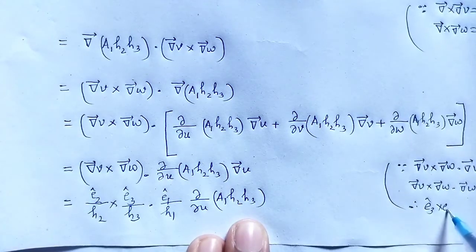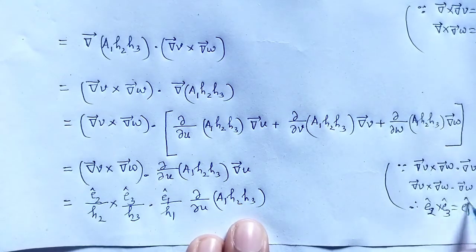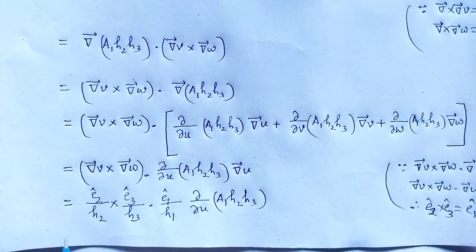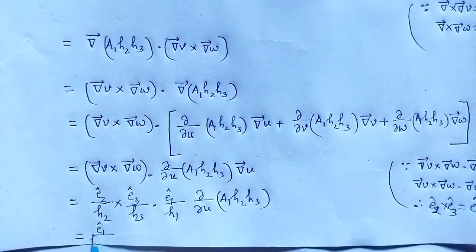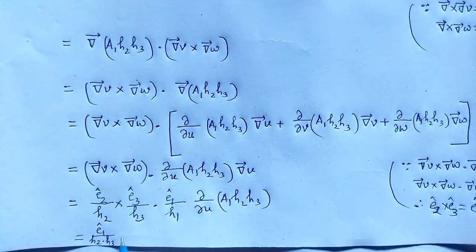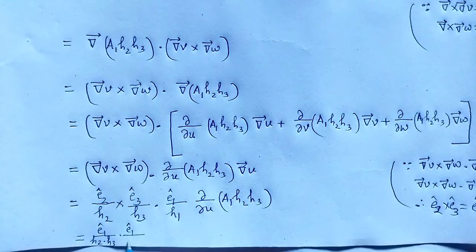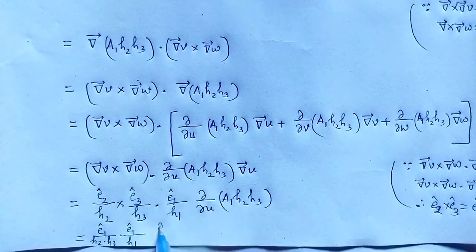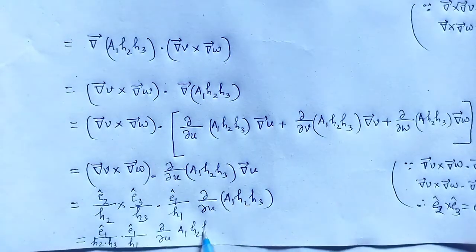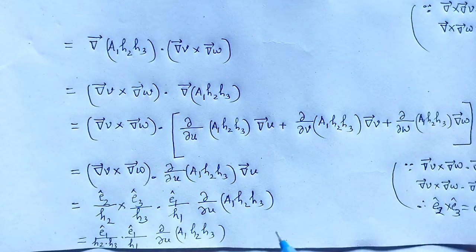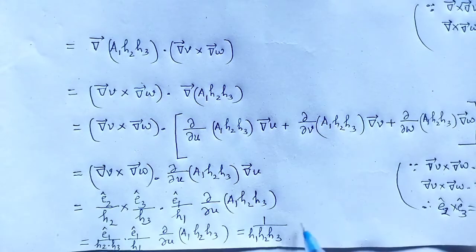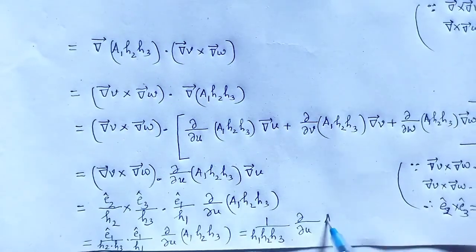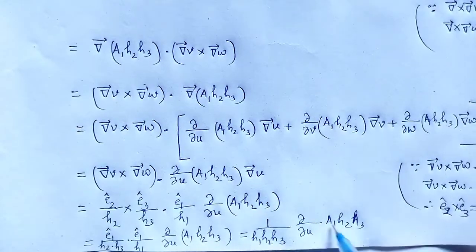So that changes to E1 cap divided by S2 S3 into E1 cap divided by H1 del by del U of A1 S2 S3, which is equal to E1 dot E1, that is 1, by H1 S2 S3 del by del U of A1 S2 S3.